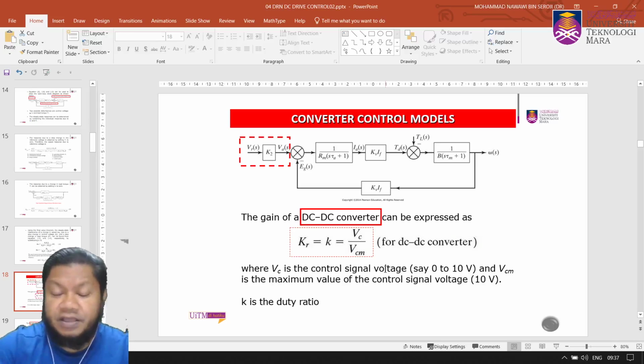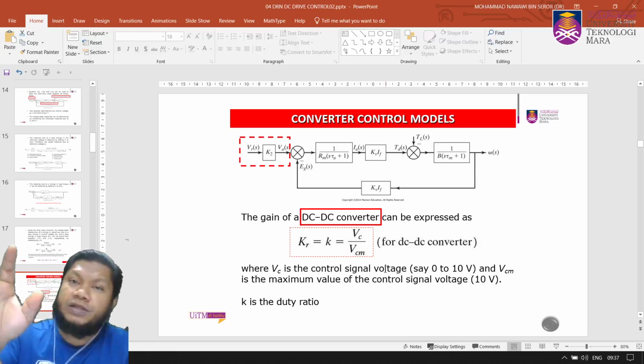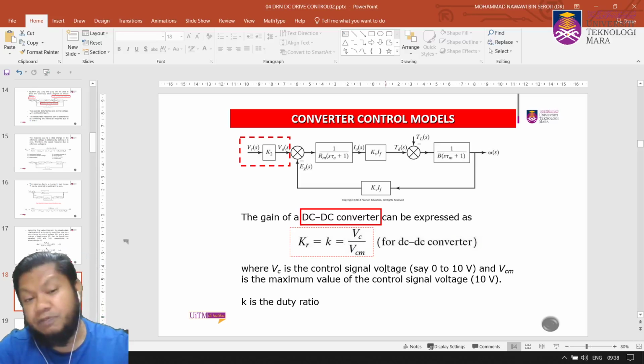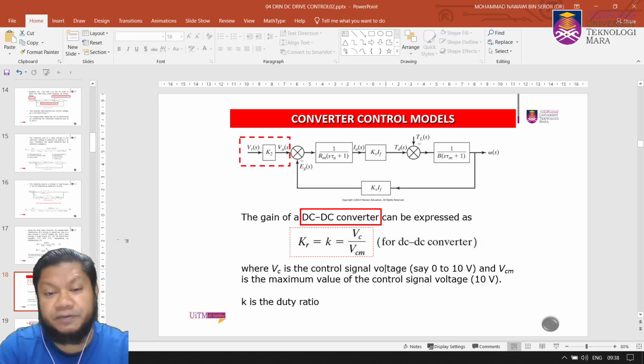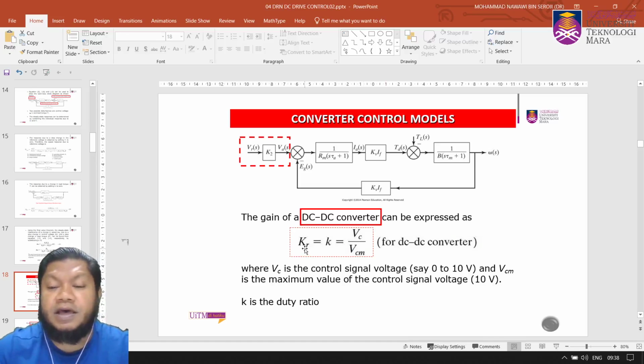It doesn't mean the duty ratio here looks into the whole converter. Normally we have a converter where the input voltage is 200 volt, for example, then we have the duty ratio. So K is actually the ratio between the control signal VC and VCM, which is the maximum value of the control signal voltage.